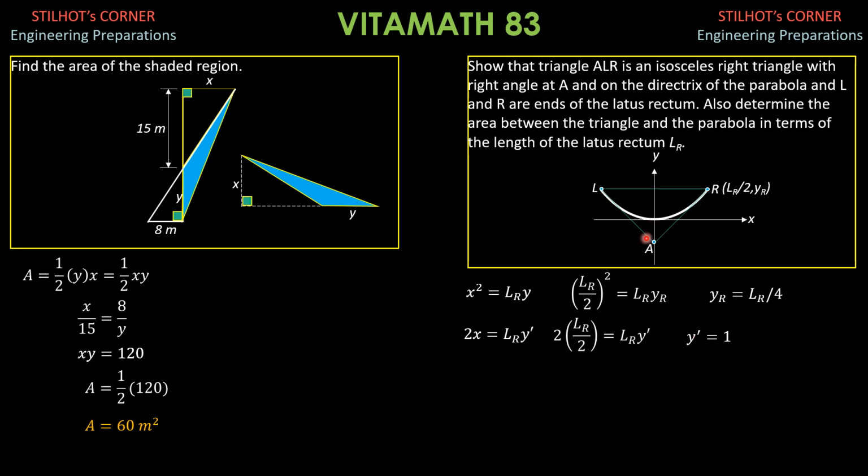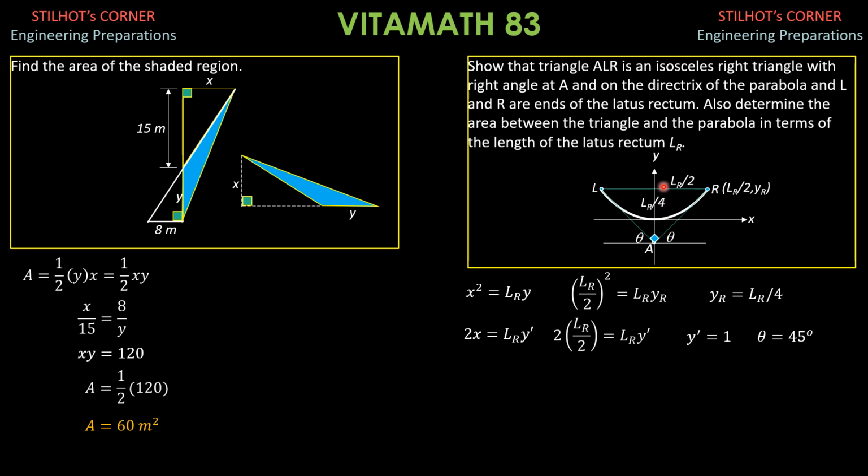Then at L, the only difference is the slope is negative 1. So if I call that angle theta, that's also theta by symmetry. So that's 90 because this is 45 degrees and this is also 45 degrees. Just set y prime LR equal to negative, since the x coordinate at L is negative LR over 2. So theta equals 45 degrees.